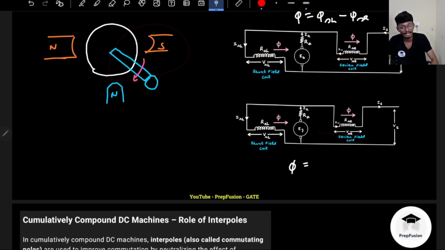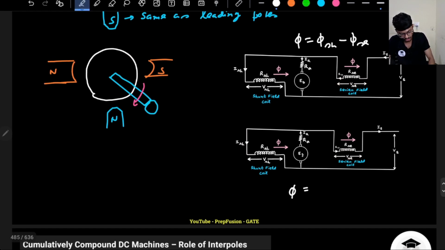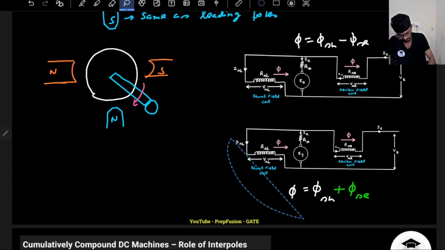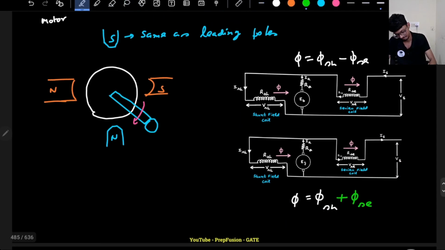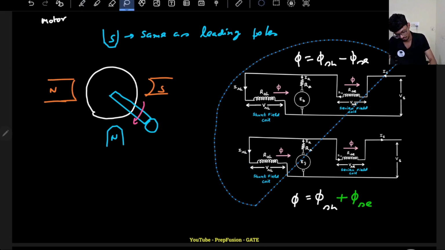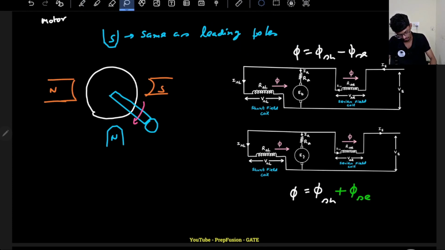So the direction of the series field winding has changed, so the flux direction will also change.